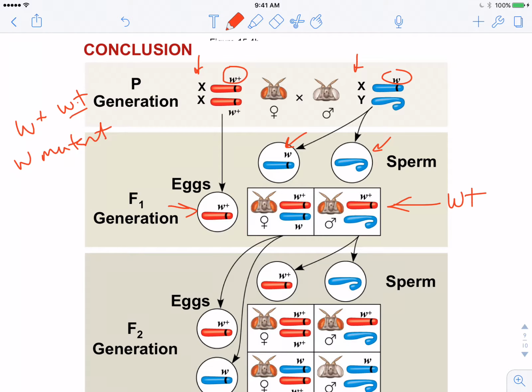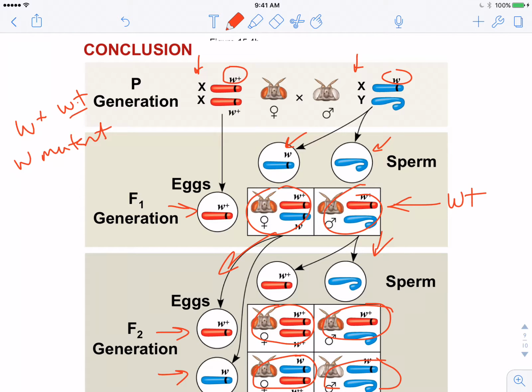If you cross a female from the F1 generation with a male from the F1 generation, the female is heterozygous for the allele, and the male is always hemizygous. What you end up getting are red-eyed homozygous females, red-eyed heterozygous females, red-eyed males, and white-eyed males.